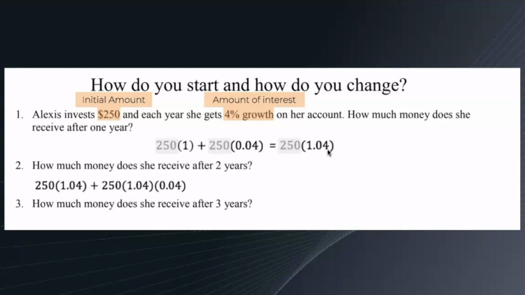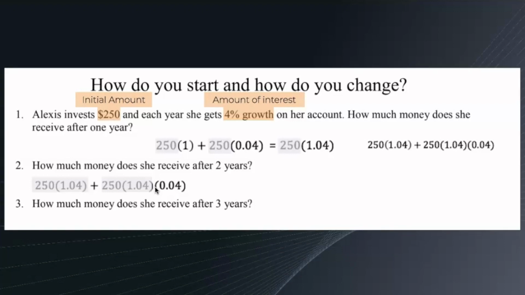So on year 2, she's going to have all of what she ended year 1 with, which was this 250 times 1.04, plus she's going to earn 4% interest on that year 1 end amount. So as you can see, the common factor is the 250 times 1.04.